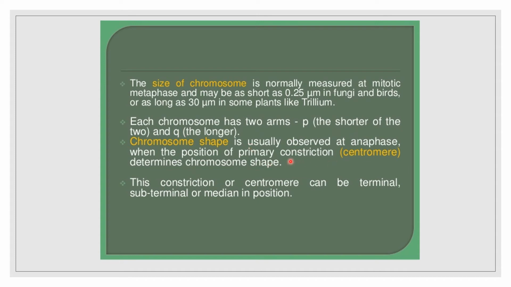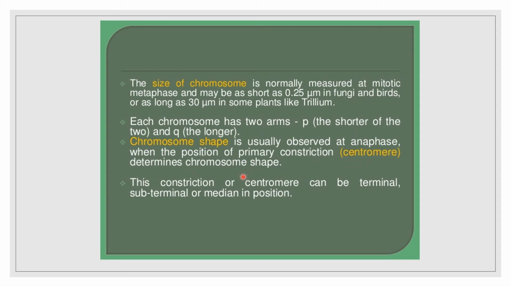Now next is the chromosome shape. It is usually observed at anaphase, when the position of the primary constriction, the centromere, determines the chromosome shape. In anaphase, the centromeres are split. The sister chromatids reach the opposite poles, where the spindle apparatus is attached to the centriole at the poles and to the kinetochore at the centromere, which we have already studied in cell division.